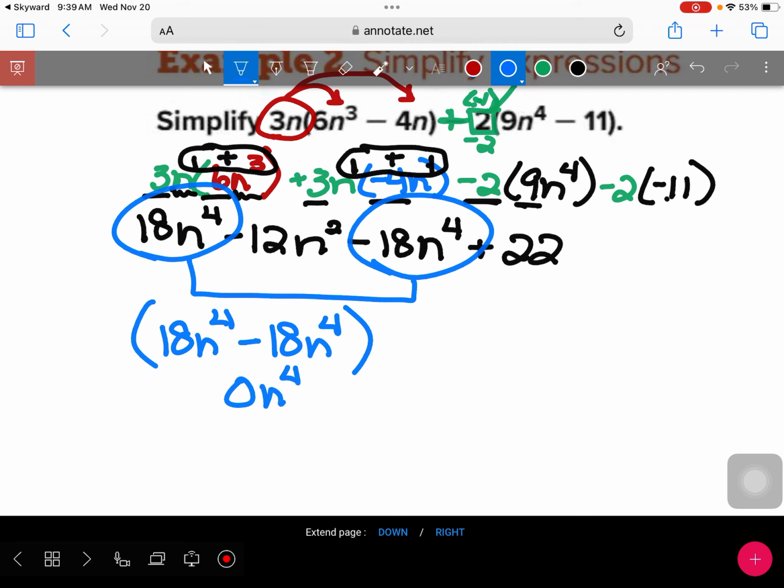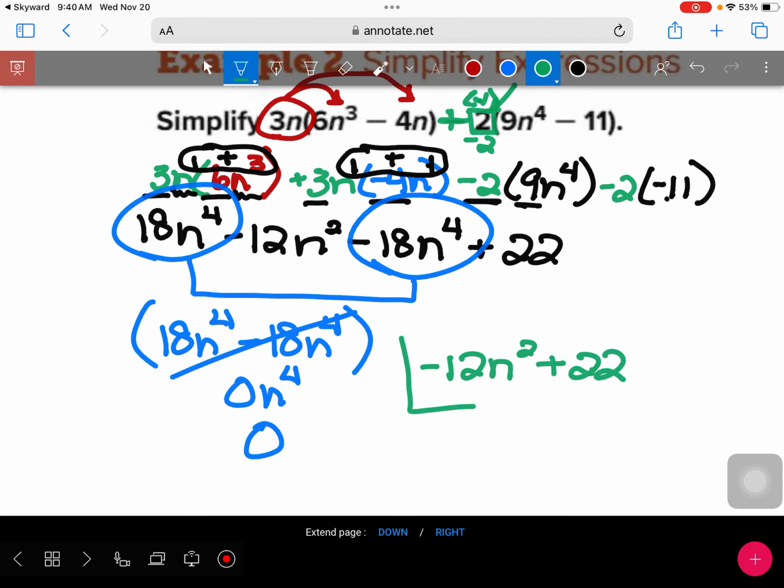But what is 0 times n to the fourth? 0 times anything is just 0. So these are going to cancel out. So my final answer is negative 12n squared plus 22. Okay?